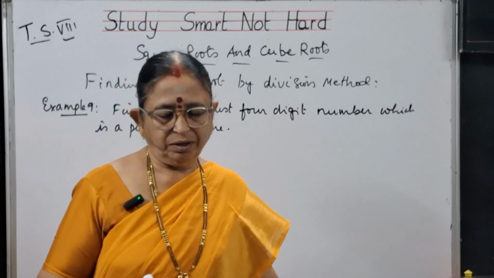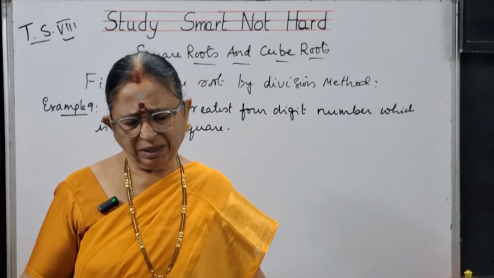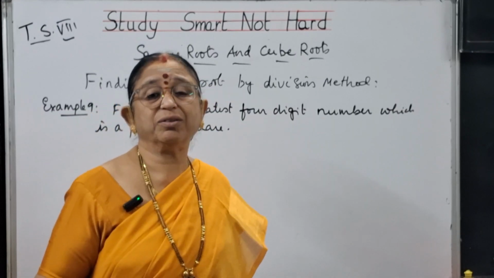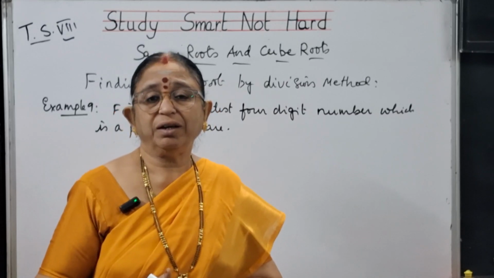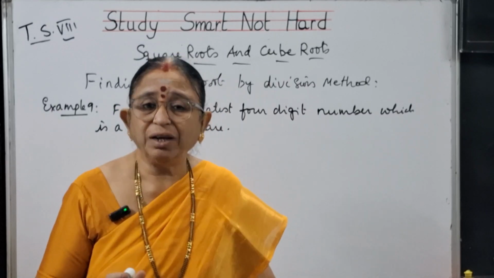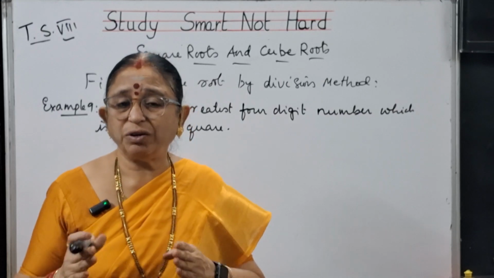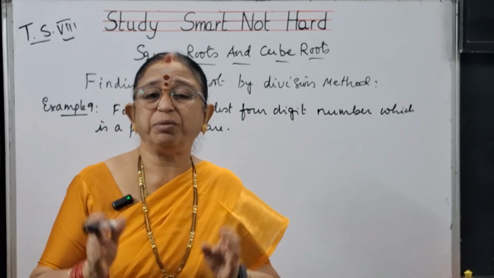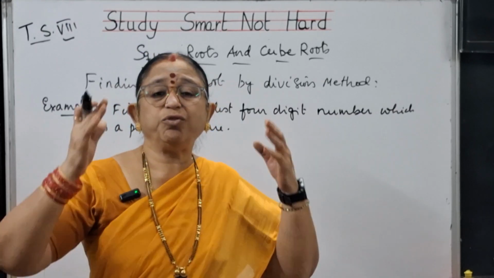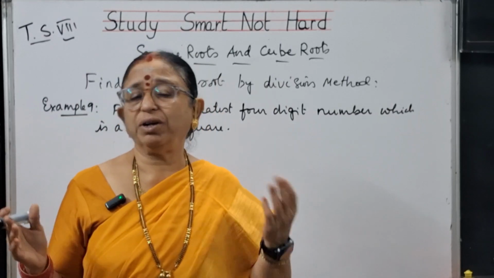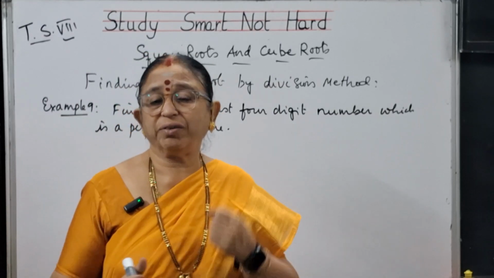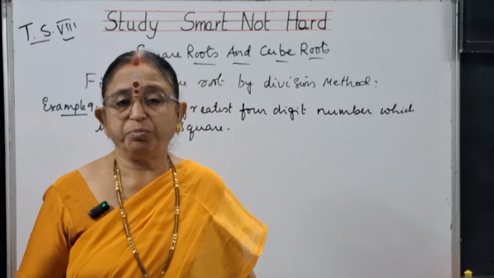9999 is not a perfect square. You will come to know because you will be getting a remainder. Then whatever is the remainder, if you subtract, that means this much number is extra than 4 nines. So if that extra number you remove, you are going to get the highest 4-digit perfect square.